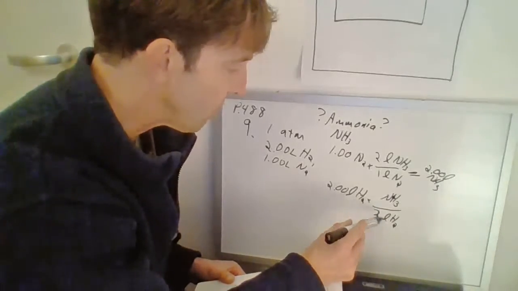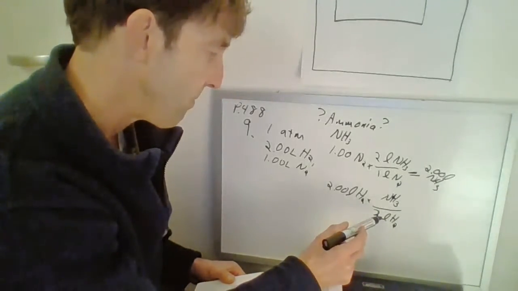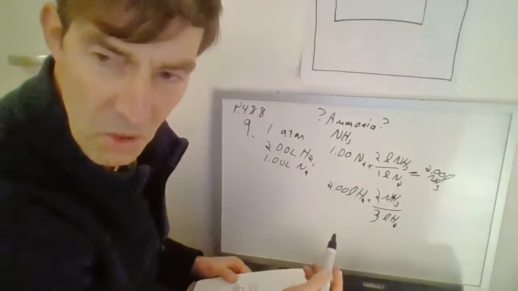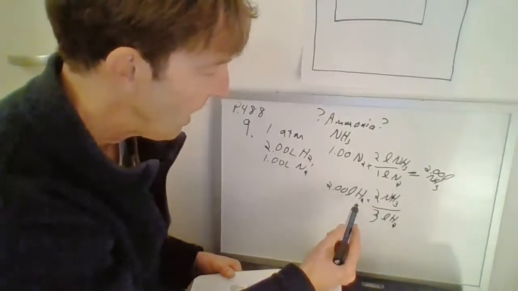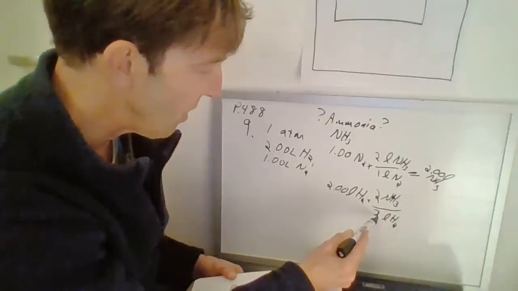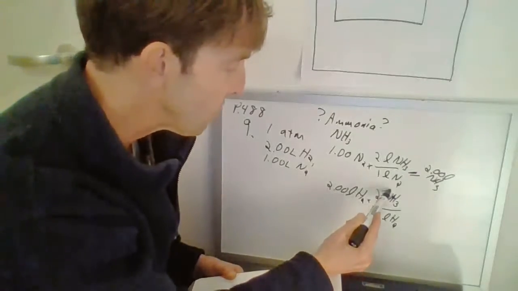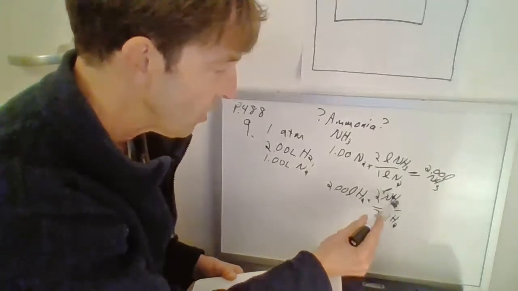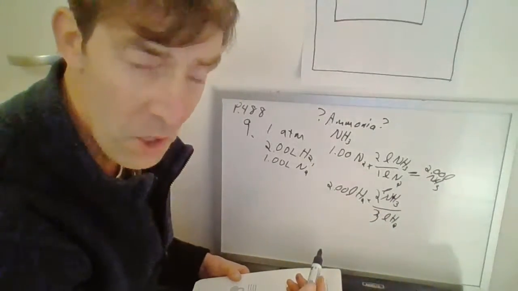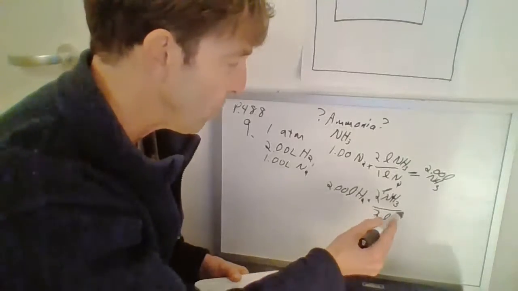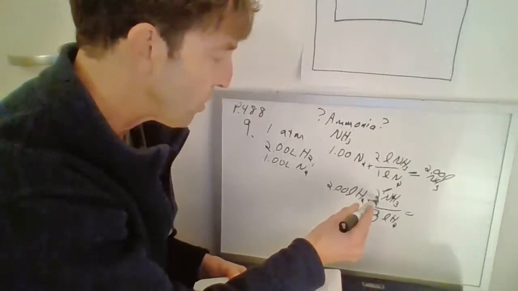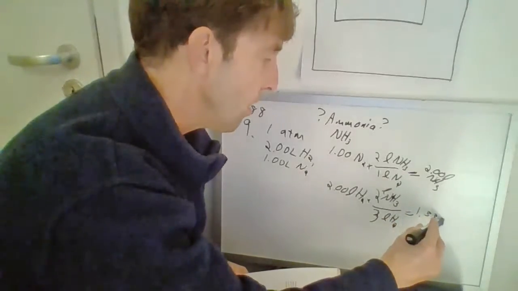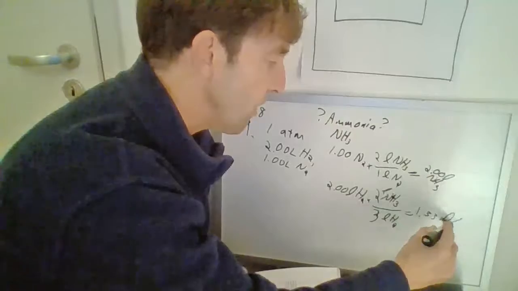For every 3 liters of this, I get 2 liters of this out of there, don't I? You know what I'm saying? So I'm trying to figure out a ratio here: for every 2 liters of NH3, it's got 3 liters of H2 in it. So that's just a fraction to help us figure out how many moles. So what that means is 2 times 2 is 4 divided by 3. I got 1.33 liters of NH3.